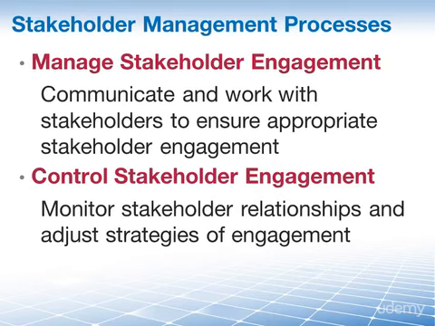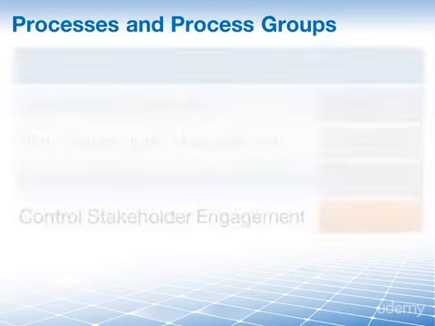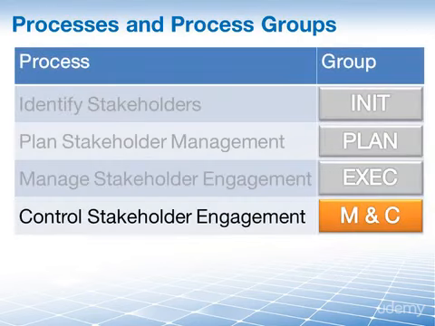And this overview table, which shows you into which process group our processes fall, explains why our first process in this knowledge area does not start with the word plan, but with the word identify. Identify stakeholders is part of the initiating process group.